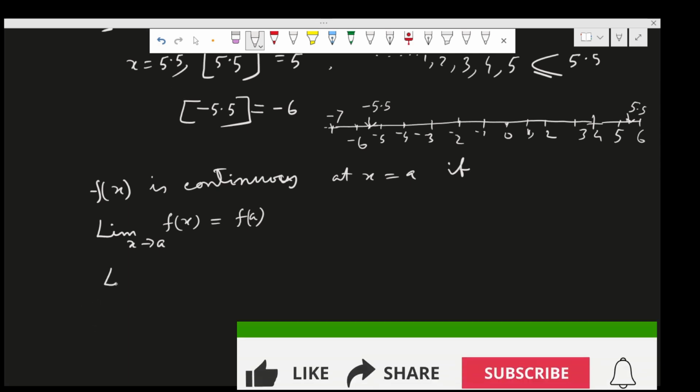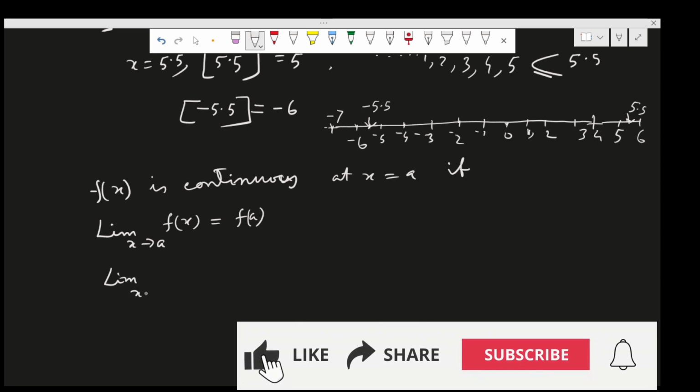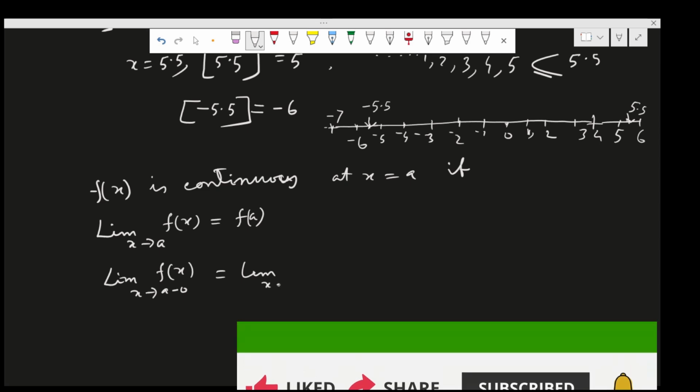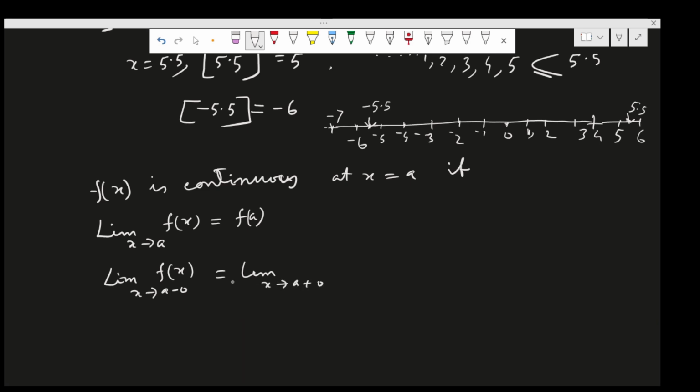Then we will consider limit x tends to a minus 0, means left hand limit of f(x), that is equal to limit x tends to a plus 0, means x approaching towards a from greater than a, f(x), that is equal to f(a).